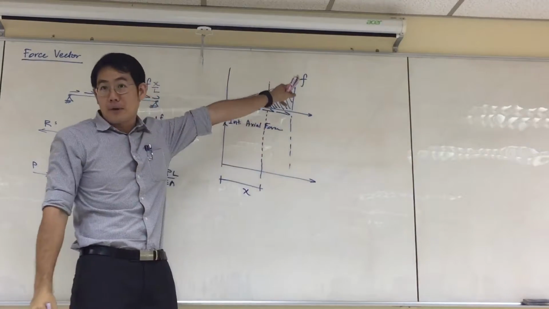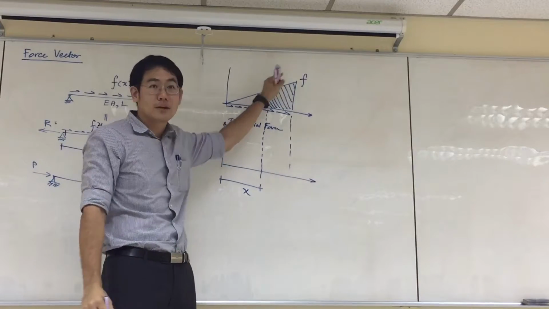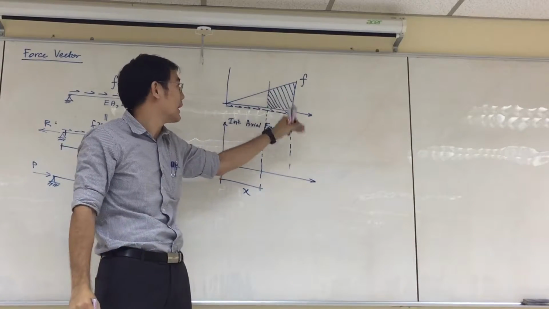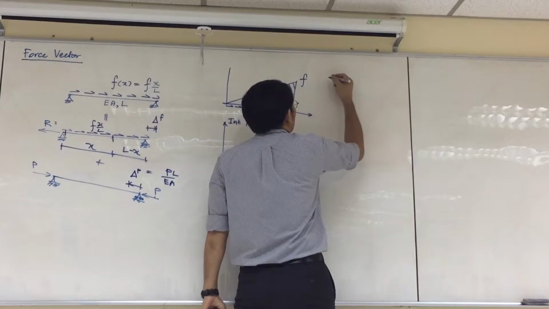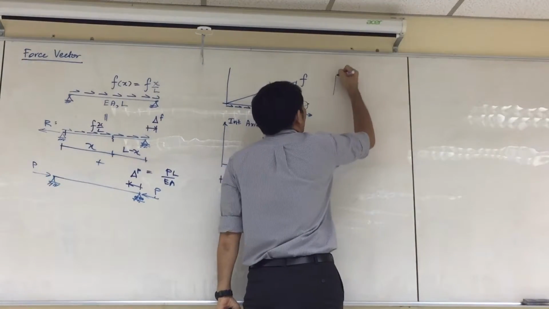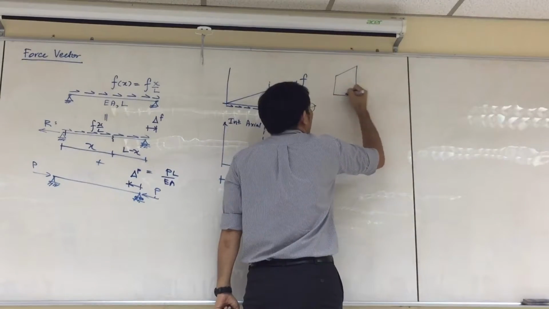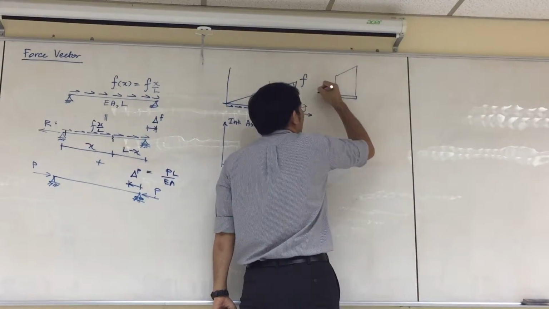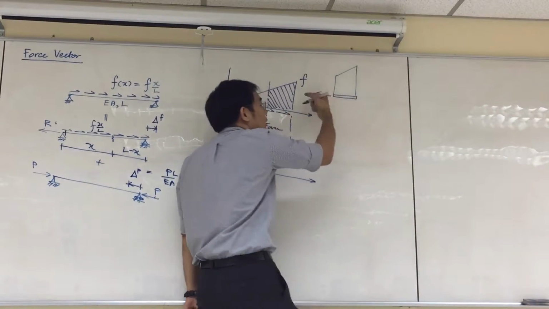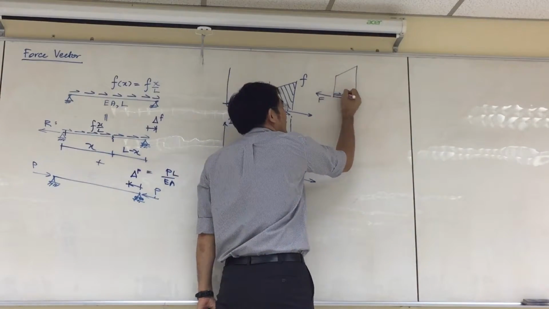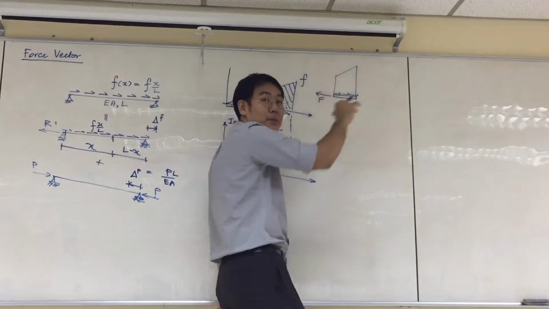So we integrate this area of the force distribution over the length. What is it? Actually, you want to get force. This is your bar, so you need this axial force to balance with this force distribution.